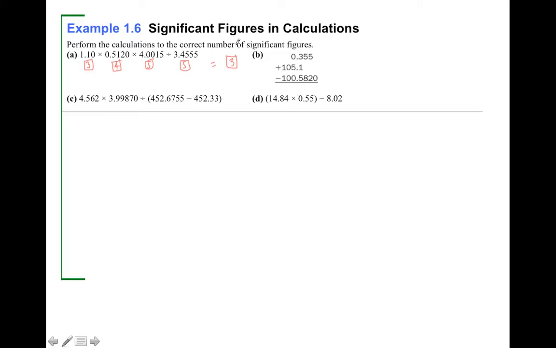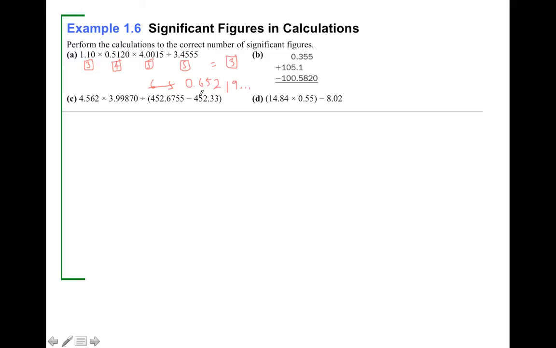So what I'm going to do is go to my calculator. I'm going to say 1.10 times 0.5120 times 4.0015 divided by 3.4555, and I'm going to get roughly 0.6521 and so on.